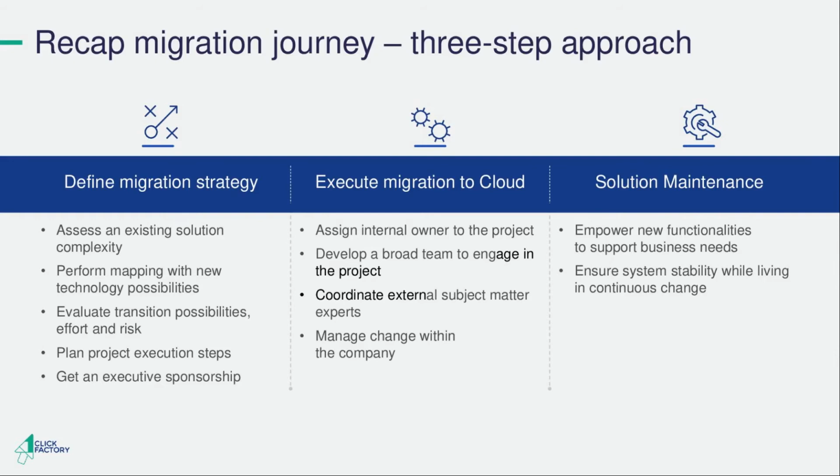We are analyzing code. We are analyzing the functional side which is used, and we are performing mapping with new technology possibilities where possible, just to minimize the code that's about to be upgraded. And we are evaluating transition possibilities, effort that's reflecting in the estimation, and we are evaluating risks in a very early stage just to tackle them in the upgrade project.